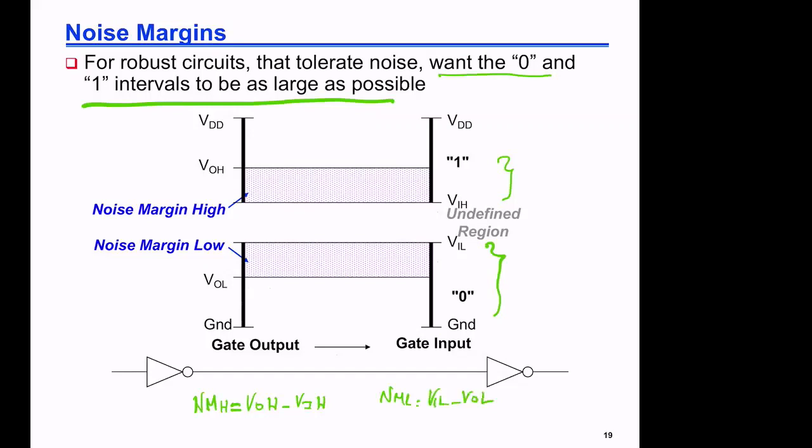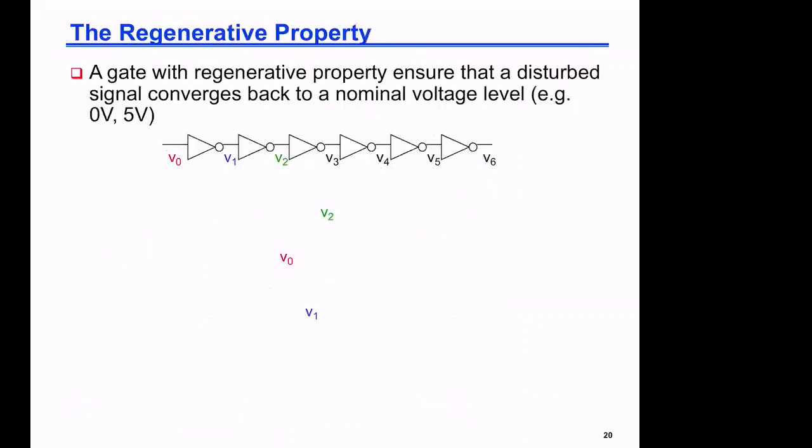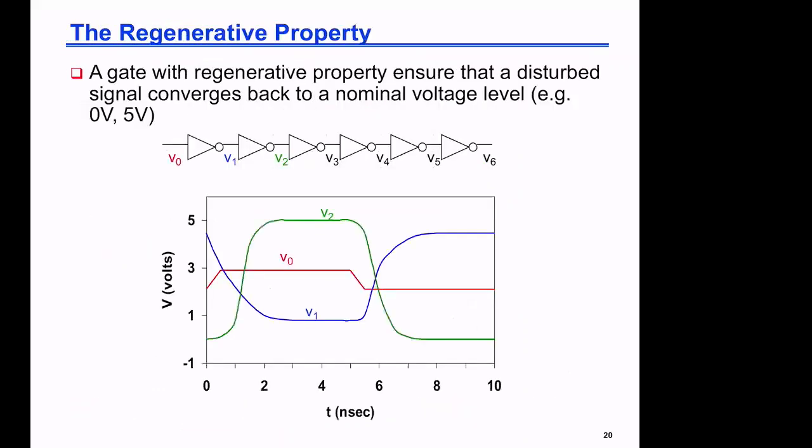The larger these margins are, the smaller the forbidden region is, and the more noise my circuit can tolerate. So we have to design the circuit parameters to increase these noise margins. Okay, so these are the noise margins that we learned before.